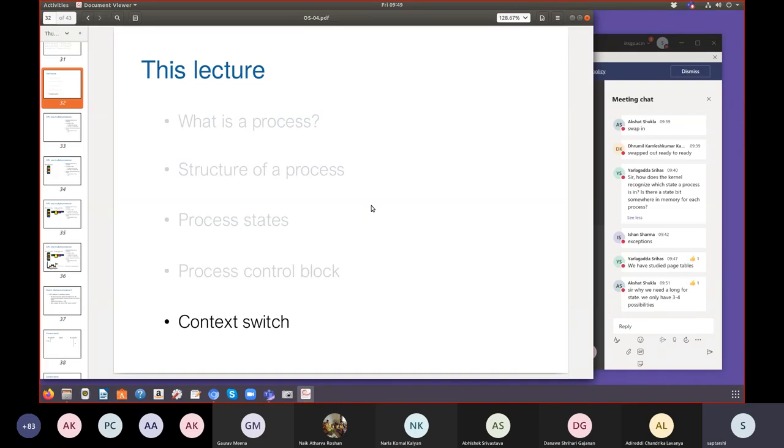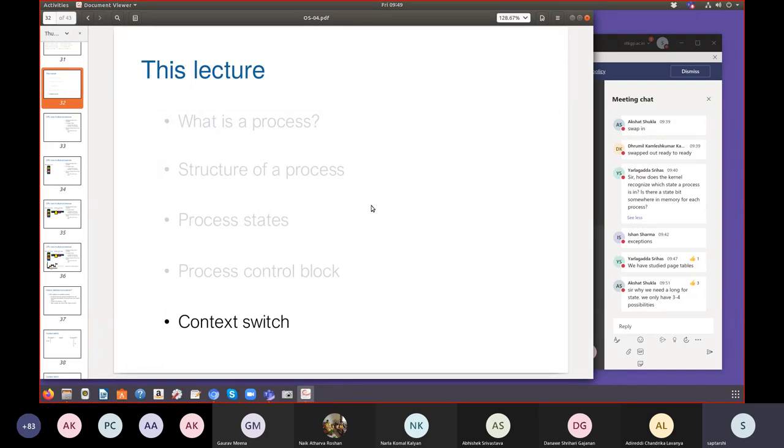Okay, Akshay says, why do we need a long for state when we have 3 possibilities? Okay, this I cannot answer. True, why should that be required? I mean, maybe this was just thought of by the designers thinking of the future. Maybe someday there will be so many states defined. But really, I don't know.